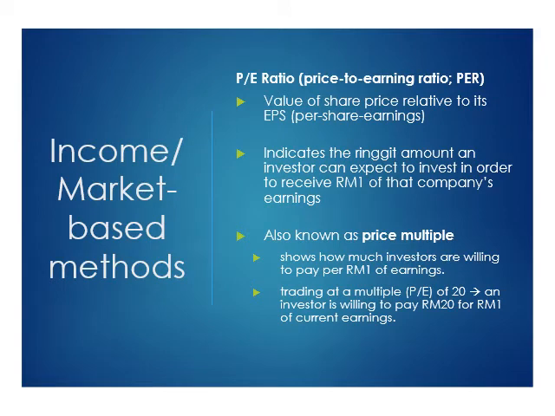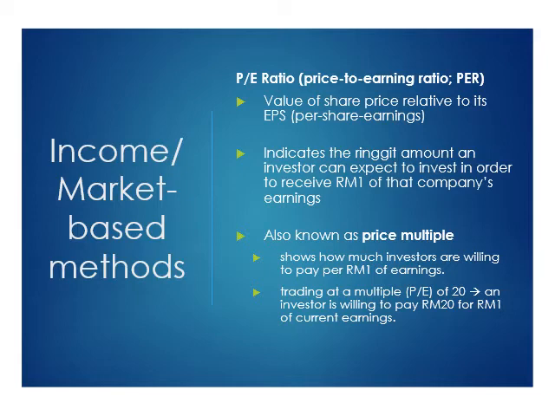Let us now look at PE ratio, or price to earnings ratio, or PER. You should be very familiar with this. This ratio gives a value that indicates the ringgit amount or the price investors can expect to invest in order to receive 1 ringgit of the company's earnings. And as identified earlier, it is also known as price multiplier, meaning it shows how much investors are willing to pay per 1 ringgit of earnings.